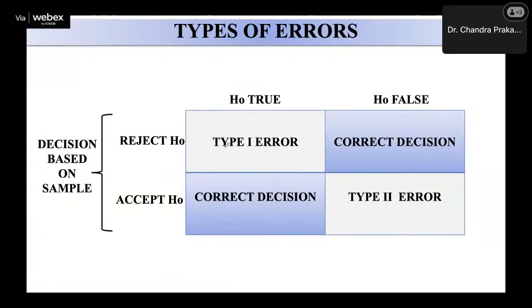So as you can see over here, if my hypothesis was true and it was rejected based on the sample, it is Type 1 error. If my hypothesis was false, but it was accepted because of the sample that I have collected, it is Type 2 error. The rest are the correct decisions.